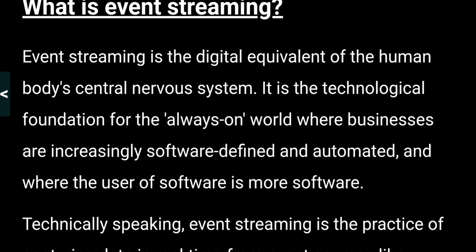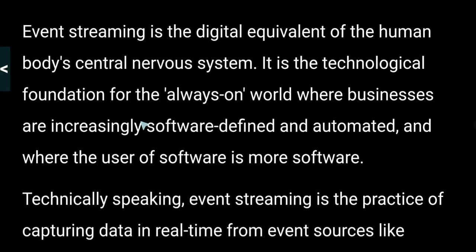We have events coming to our eyes, ears, skin, everything is coming through, and we need to collect them, and something needs to consume them and handle them. I don't know if it's Kafka in our body or something else, but let's hope. Okay. So, event streaming is the digital equivalent of the human body's central nervous system.